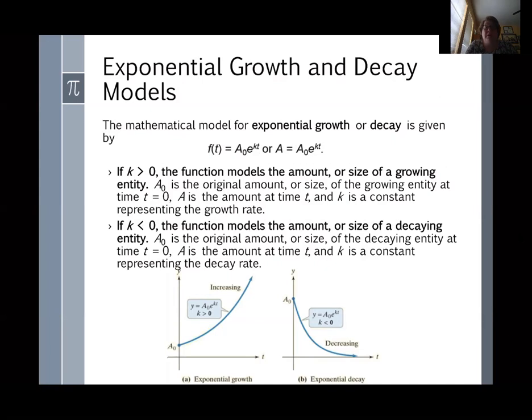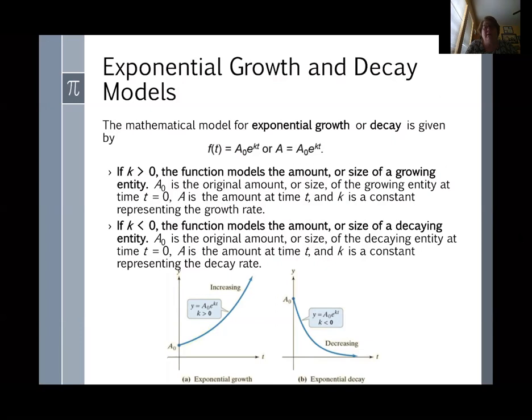Exponential growth can be represented by the graph you see down at the bottom on the left, where the quantity starts out rather slowly and then increases rapidly. If k is less than 0, or it's a negative number, the function models the amount or size of a decaying entity. A sub 0 is the original amount, or the size of the decaying entity at time t equals 0.